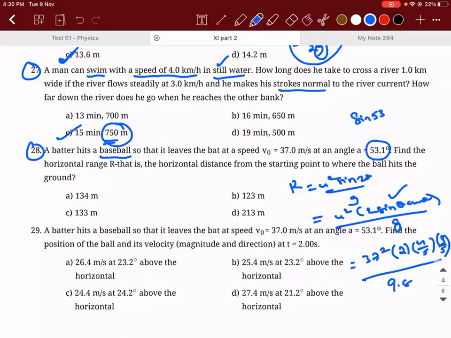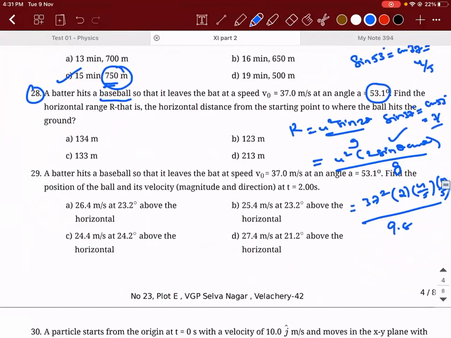Sine 53 is the same as cos 37, which is 4 by 5. Similarly, sine 37 is the same as cos 53, which is 3 by 5.